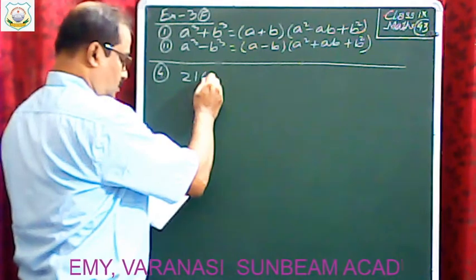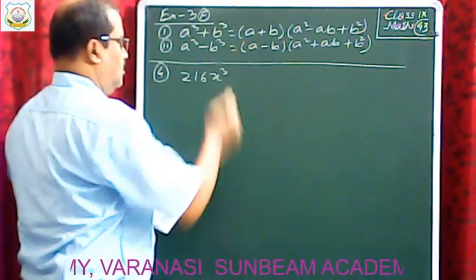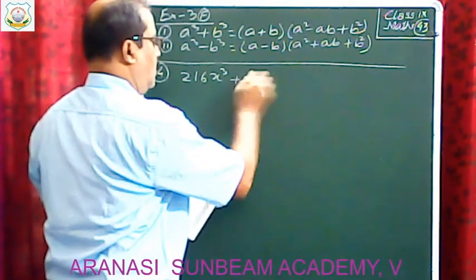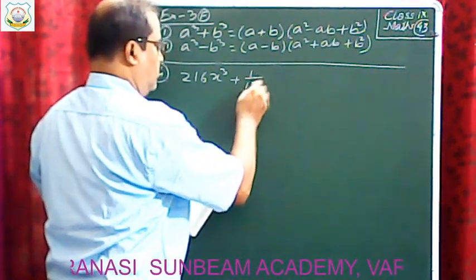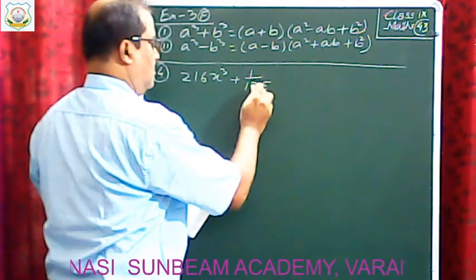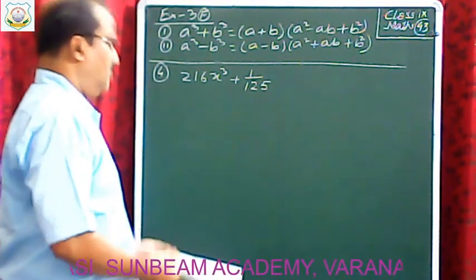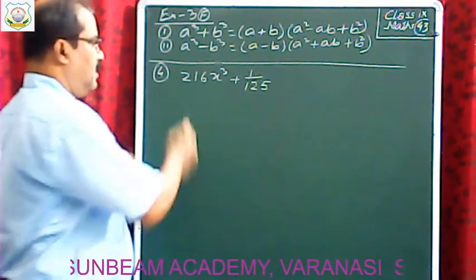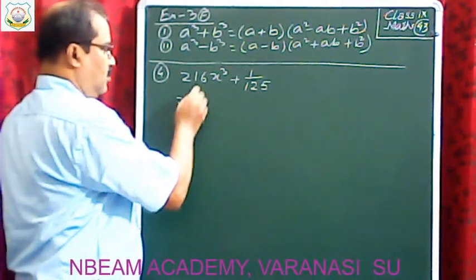Factorize 216x cube plus 1 upon 125. Okay, so both are perfect cube terms. We have to express them as a whole cube.